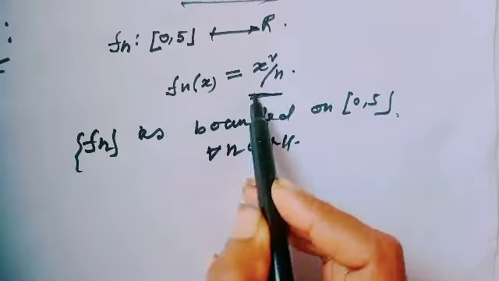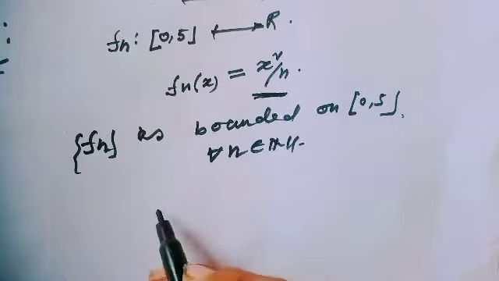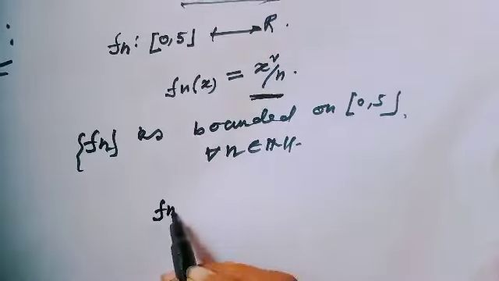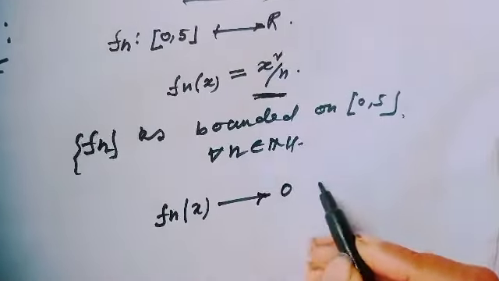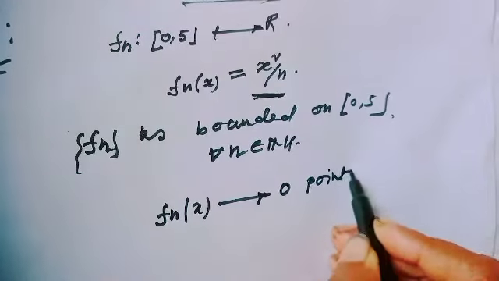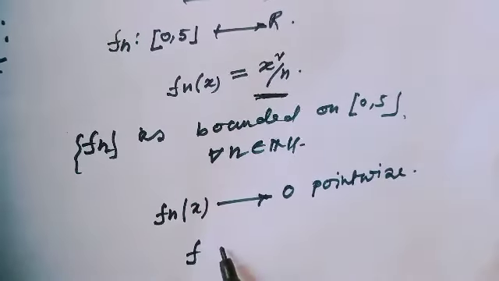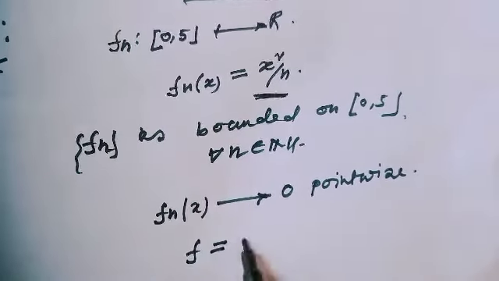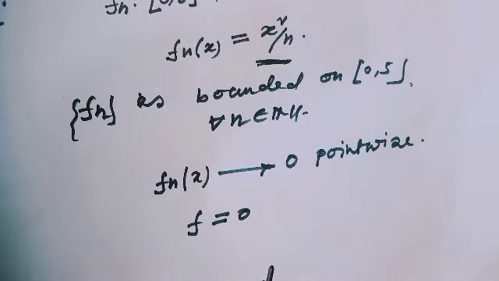I showed in my earlier video about this function that fn(x) converges to 0 pointwise. That means here the f function is the zero function. So we have to prove the function is uniformly convergent.